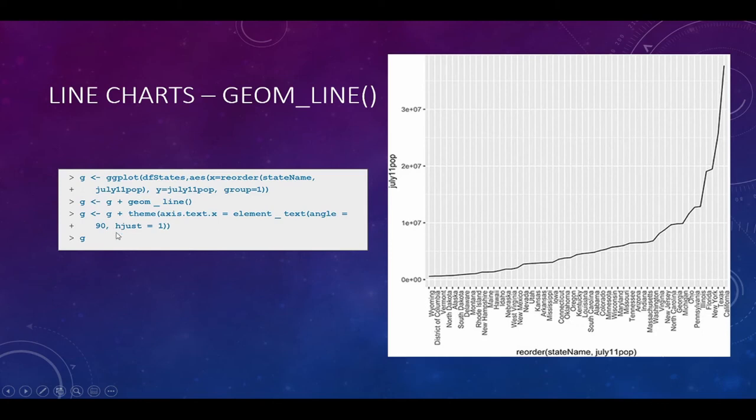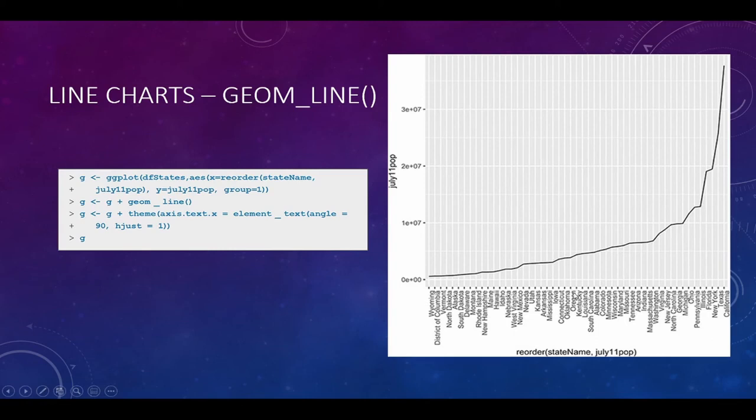Now here we also have something different. We've got something called a theme. All it's doing is showing me what I want the x-axis to be. Here it's changing it, angle equals 90 degrees. It took these state names and rotated them 90 degrees. So instead of being horizontal, they're now vertical.